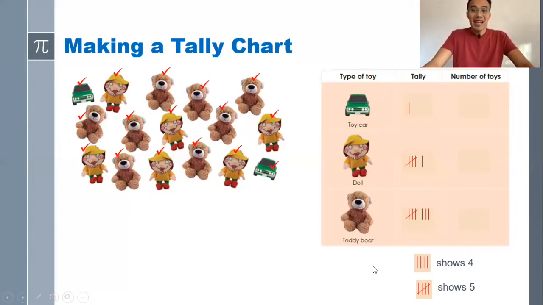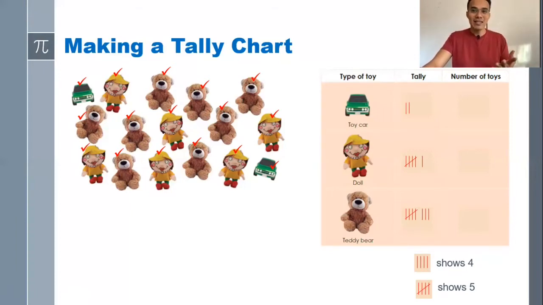We group tally marks in sets of 5 so that it is easier for us to count the tally marks. And the reason why it is important to make a tally chart is so that it would be easier for us to count. We don't count over again and again and again.